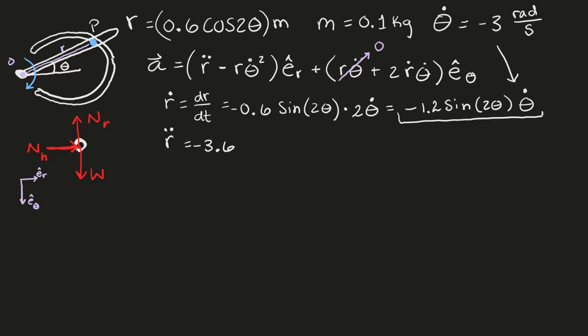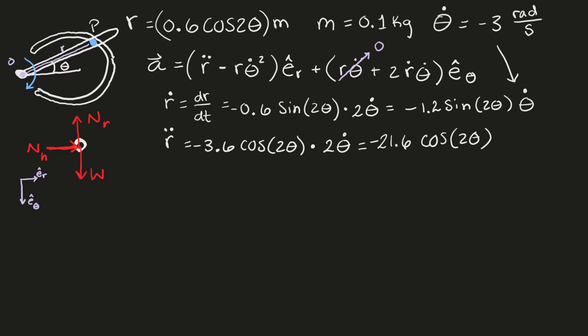The derivative of sine is cosine 2 theta, times the derivative of the inside again, or we could plug in that -3 again, and that will give us -6. -6 times 3.6 is 21.6 negative, of course, and then that's cosine 2 theta.